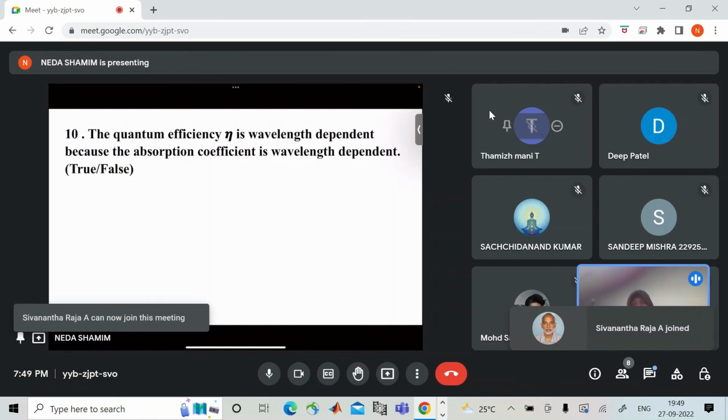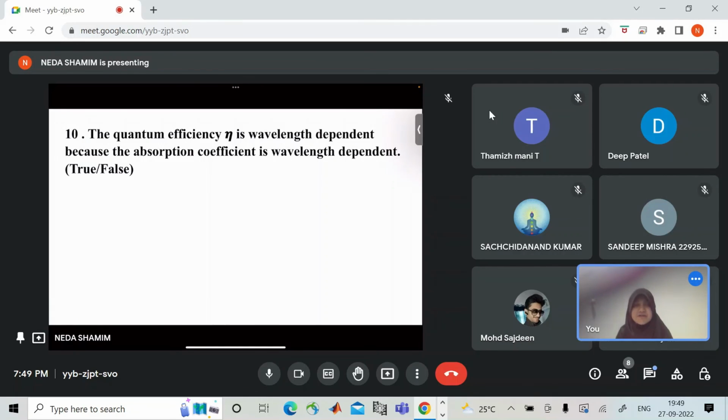Yeah. Quantum efficiency is wavelength dependent. Why is quantum efficiency wavelength dependent? We did it just a while ago, right? Will the absorption coefficient depend on the wavelength or not? Yeah, that is true. As I told, why is the absorption coefficient wavelength dependent? Can someone tell me?